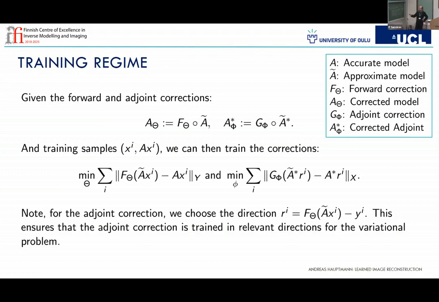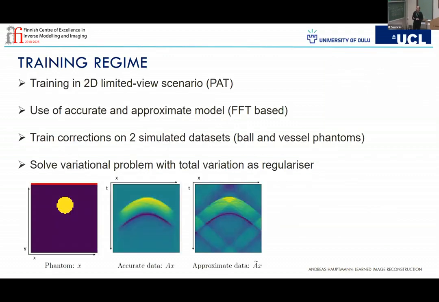It is very important that we train this on directions which are relevant to the minimization procedure. In fact, we later trained it even on a recursive scheme, along the trajectory of the minimization. So we need to evaluate iterates of our original minimization algorithm and use these for the training procedure. So it's not exactly practical, but at least it worked. And we also did this only in 2D.